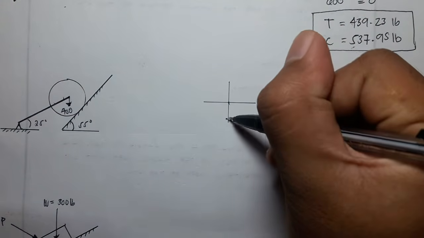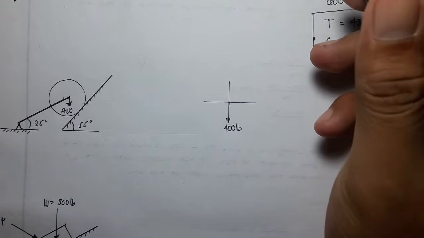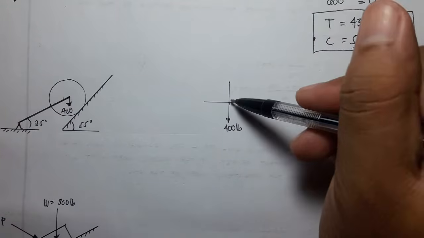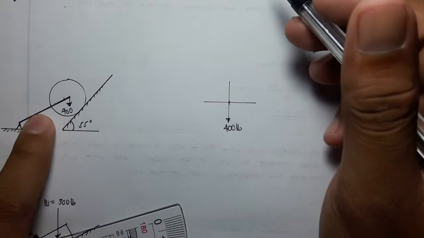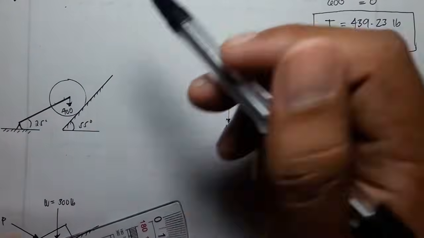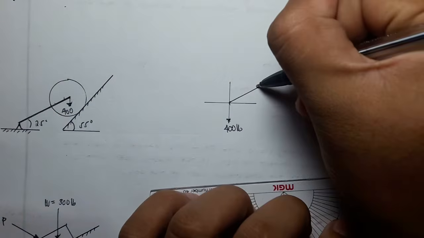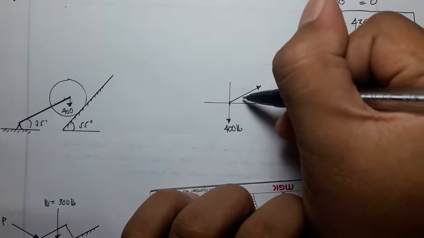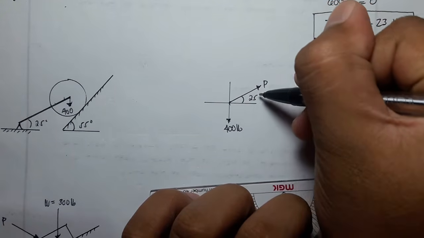So we have 400 pounds here, the weight of the cylinder. Then the force P by the rod, with 25 degrees, it is here, force P, 25 degrees.